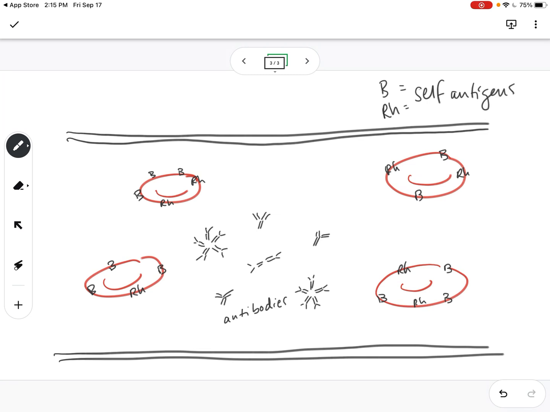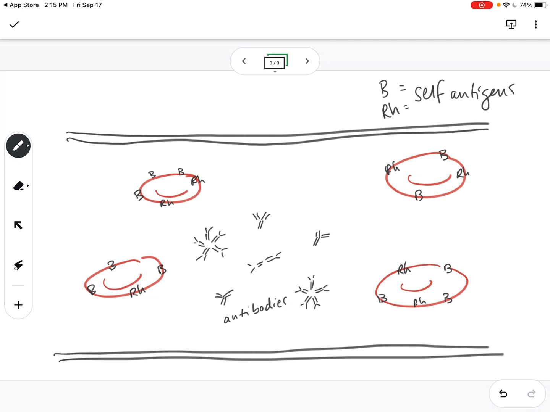So her immune system should be really chill if it detects a B antigen or a rhesus antigen, because they belong there. They're part of her body. They're not anything that's going to worry the immune system. The immune system ignores them. It does not flag and tag them because they are supposed to be there.